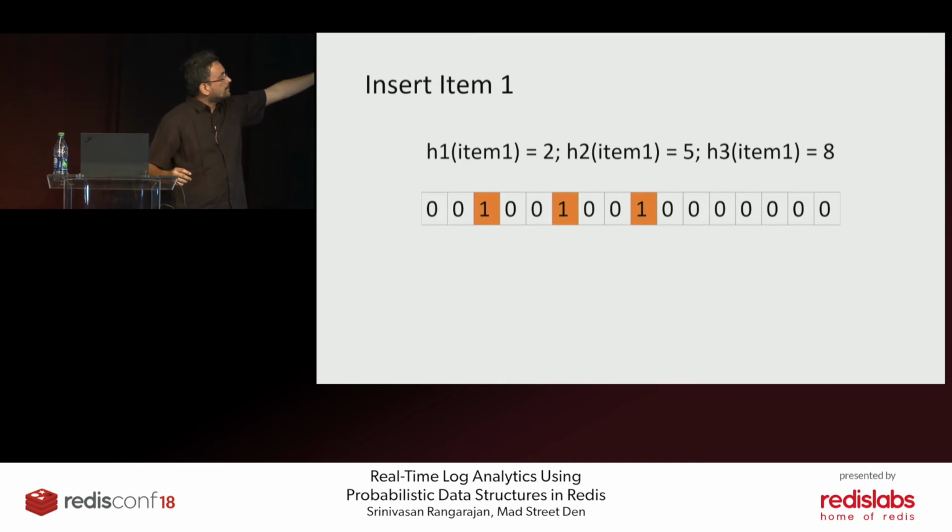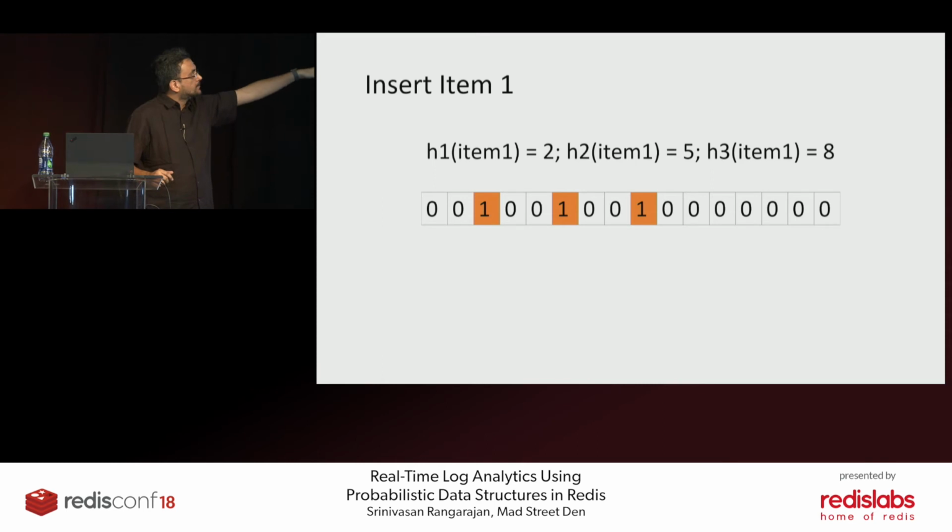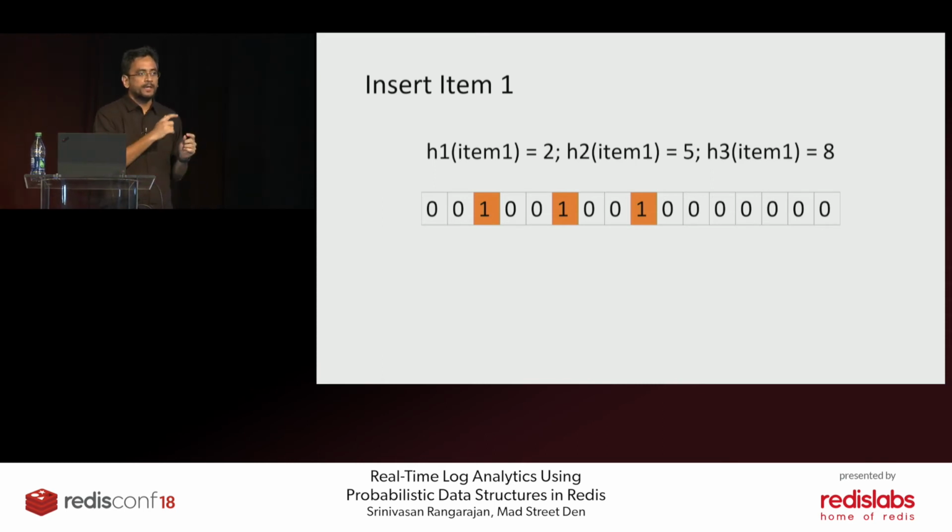So I mark the second, fifth and 8th positions in your bit array. I mark it as 1 instead of 0.